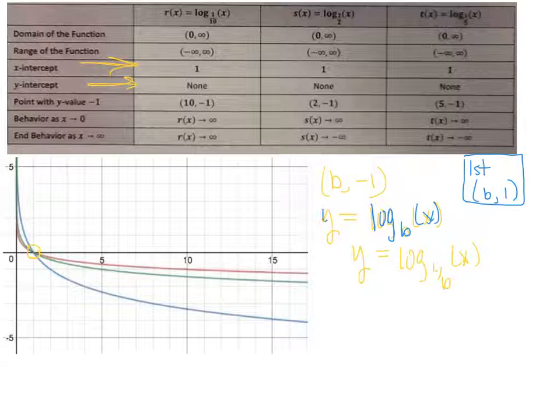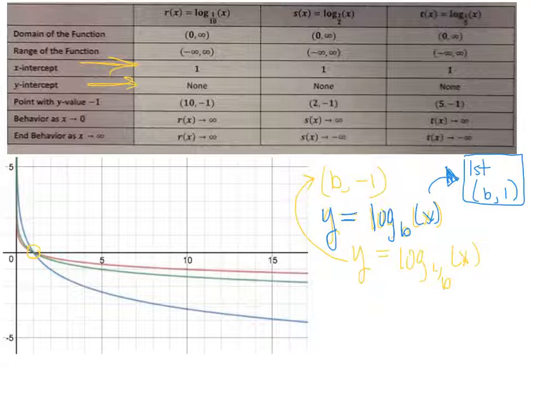So this formula, this graph, pertains to the first set of graphs, and the yellow pertains to this set of graphs. Okay, our base is a fraction, therefore it's passing through b comma negative 1. Our base was a whole number, it passed through b comma 1. Big deal, but it's alright.